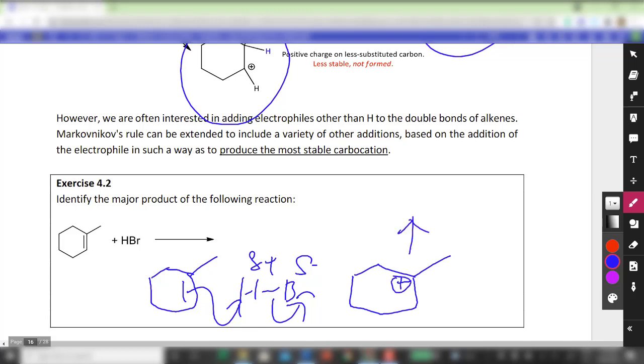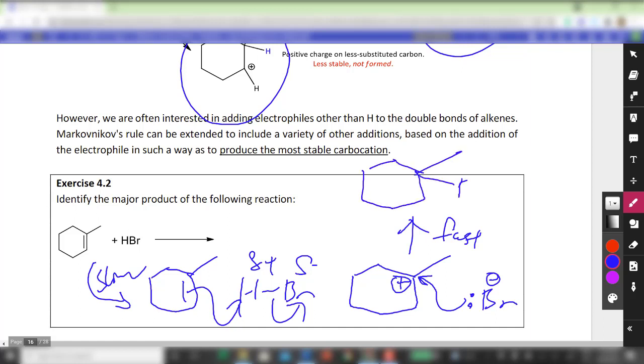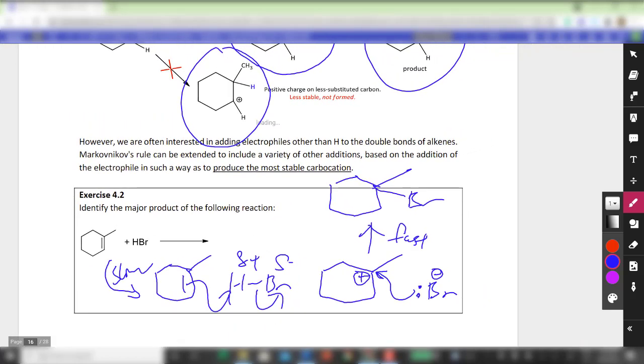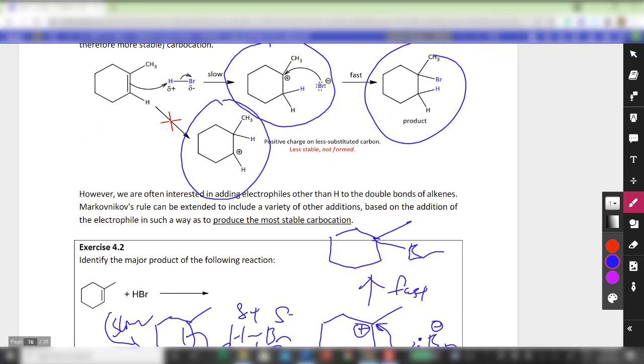The first step is actually the slow step. And then for the fast step, I expect the bromide to undergo a nucleophilic attack on the electron deficient carbocationic carbon. And in the process, I will generate this tertiary bromoalkane.